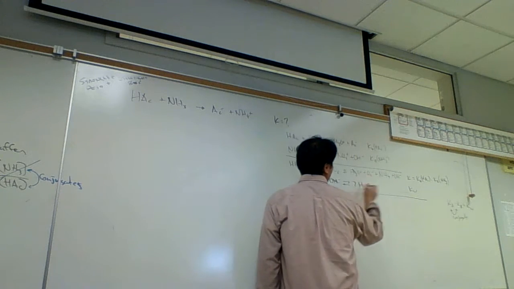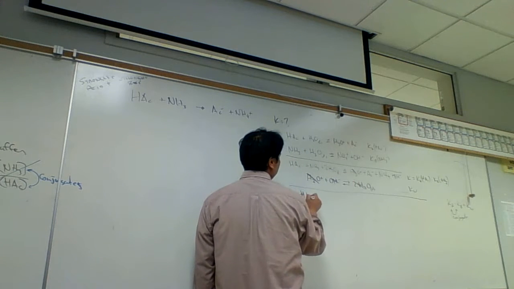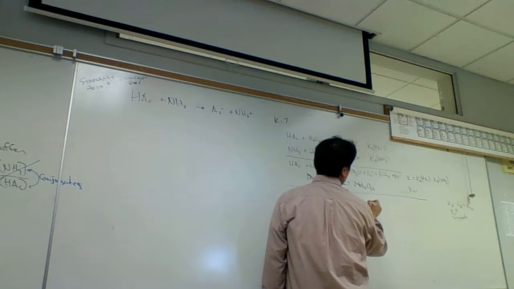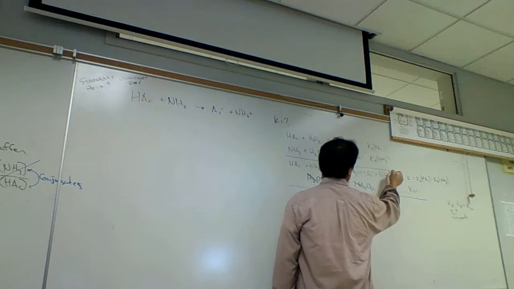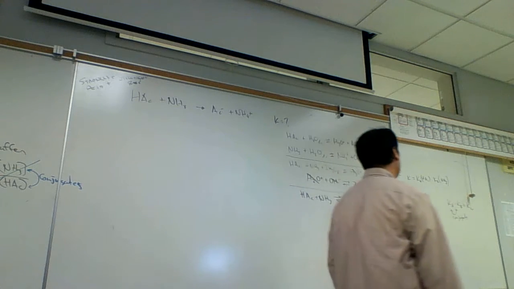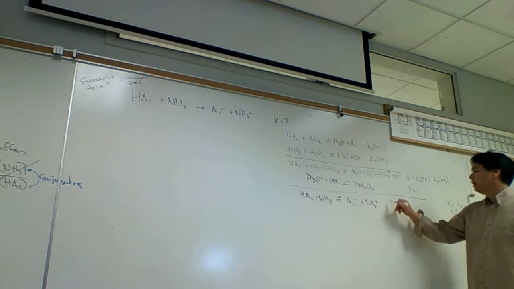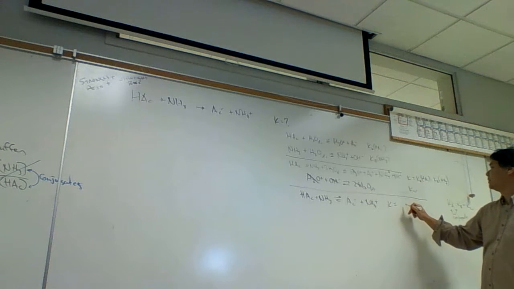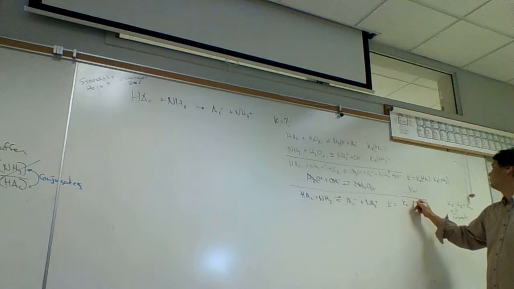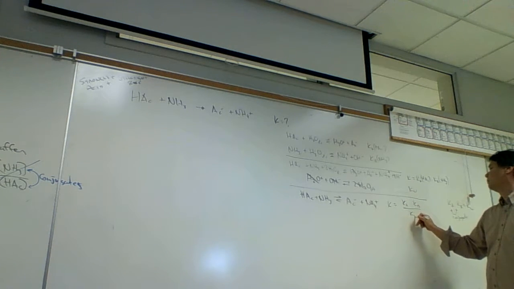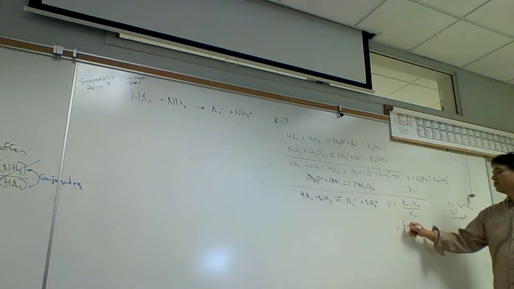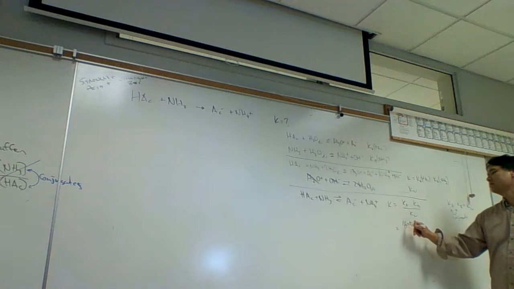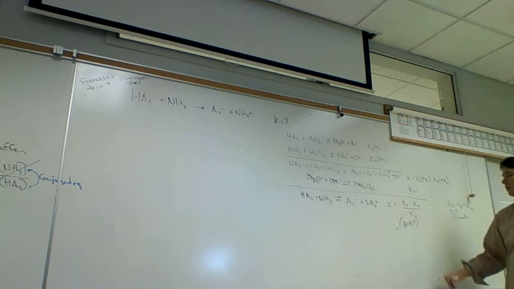But the hydroniums cancel, the hydroxides cancel, the waters cancel, and that leaves me with HAc plus NH3 going to Ac minus plus NH4 plus. K for this reaction is going to equal, well, the Ka for acetic I know: 1.8 times 10 to the minus 5, from the book.